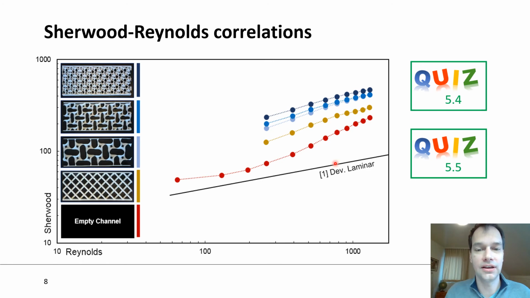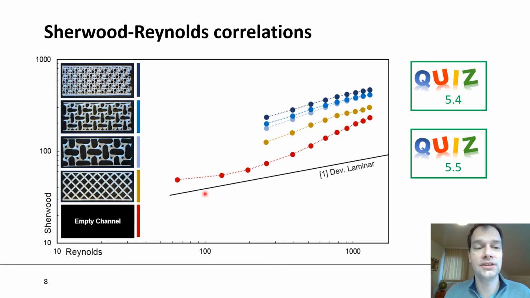Here you see a number of lines in a graph where the Sherwood number is plotted as a function of the Reynolds number. Basically, what we desire is as high a Sherwood number as possible, and preferably a not too high Reynolds number, because a higher Reynolds number means we require more flow, more pumping power. So we want to be high here.